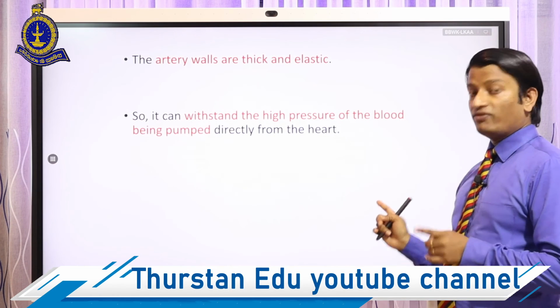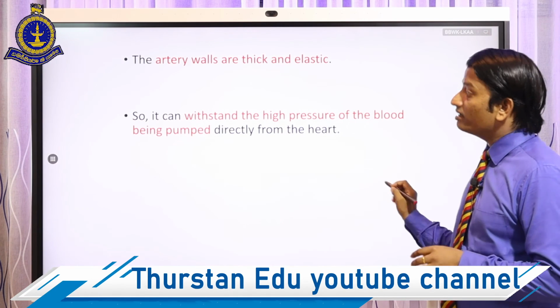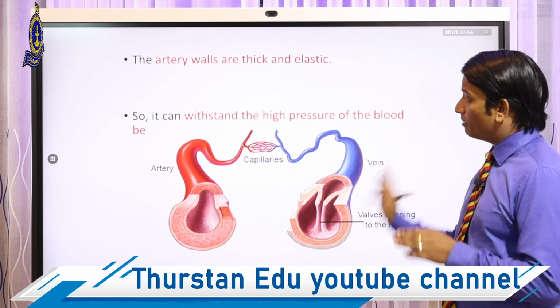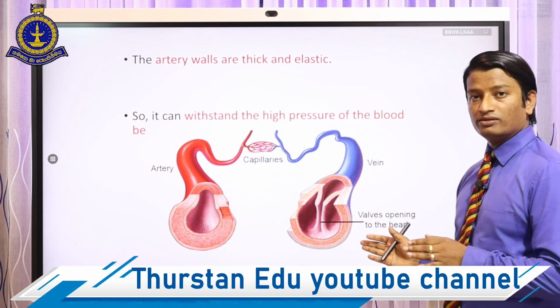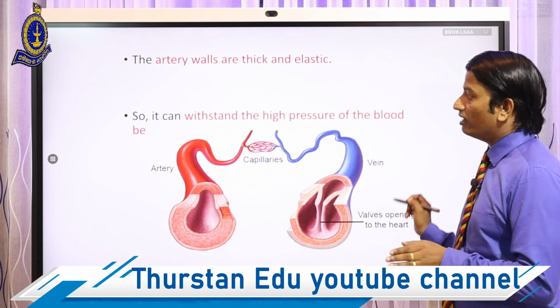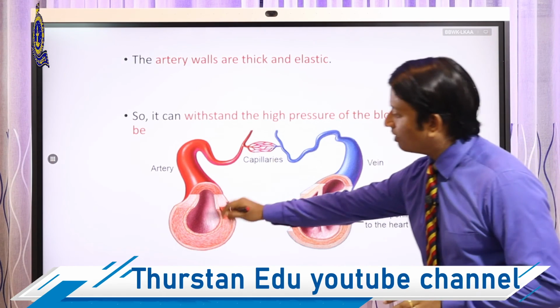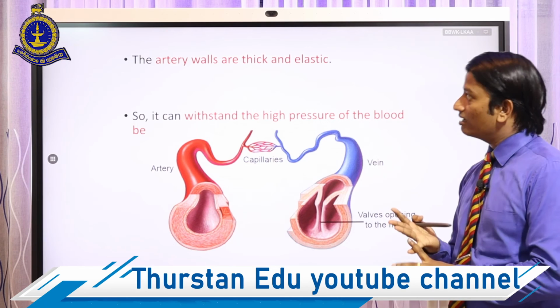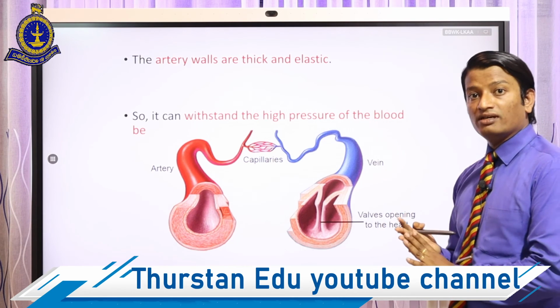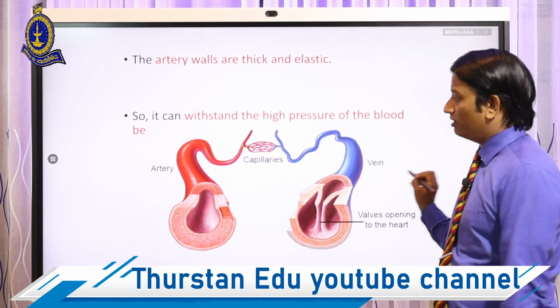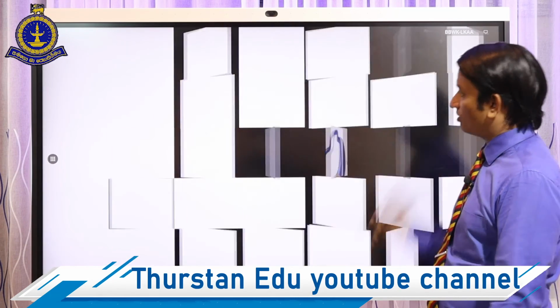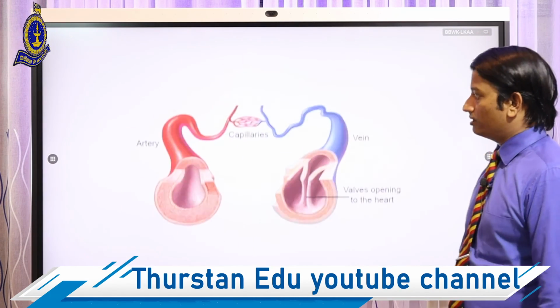Then, as I told you before, artery walls are thicker. Why? You know that blood flows through these arteries under high pressure. Therefore, artery walls are elastic as well as thick to withstand this pressure. This is the structure of arteries and veins.